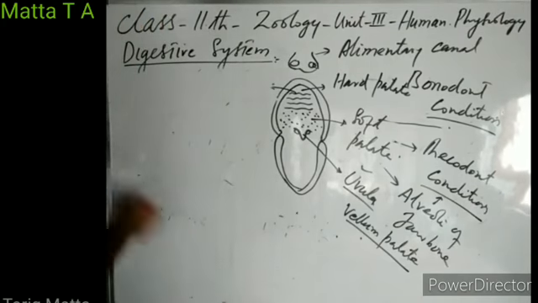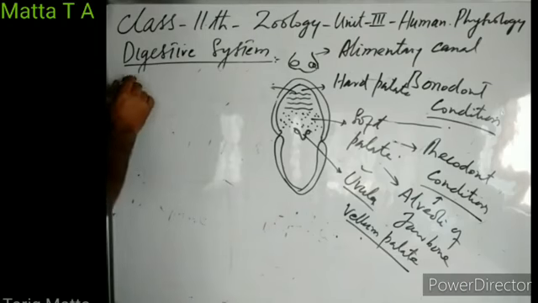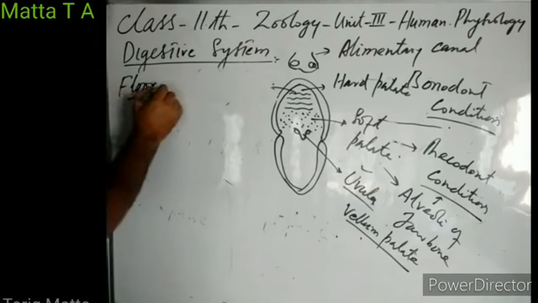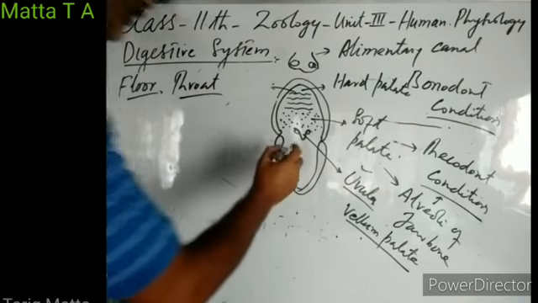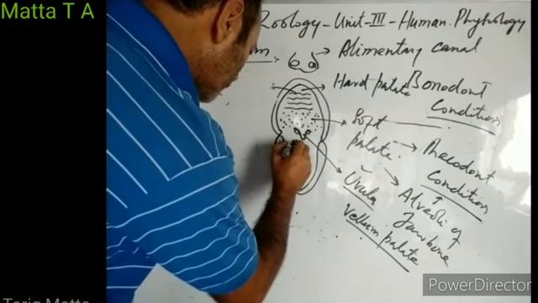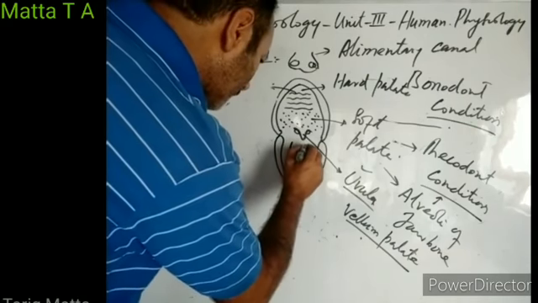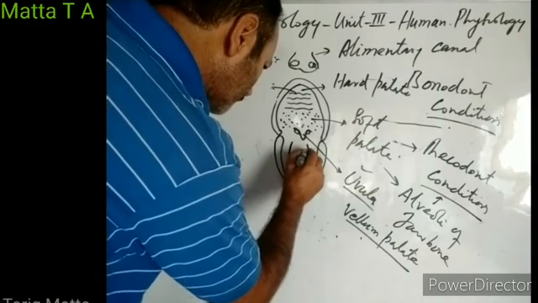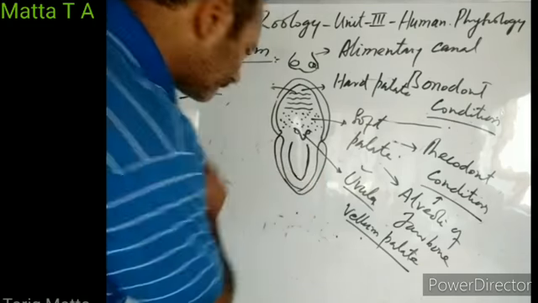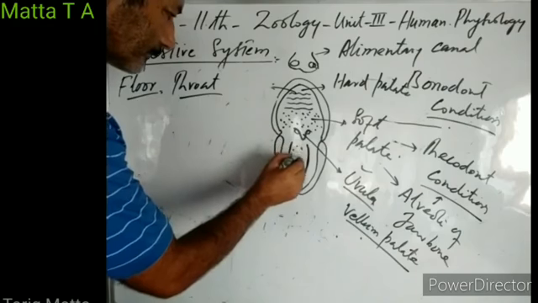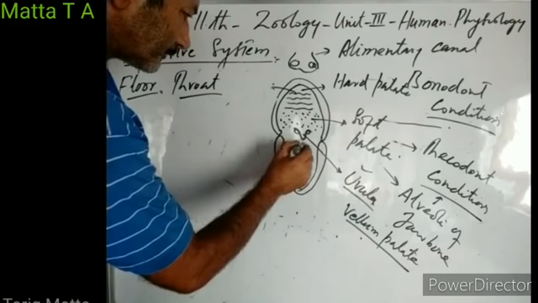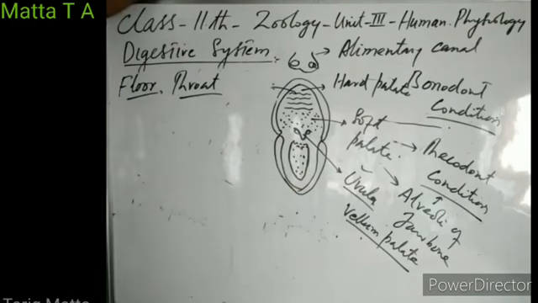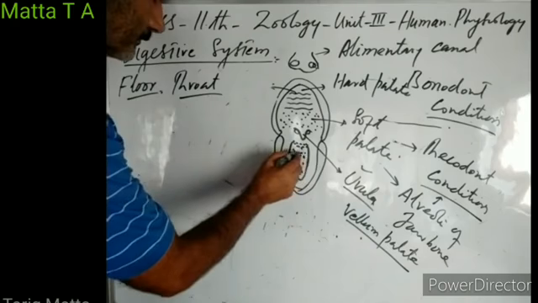The floor of the oral cavity is lined by a muscular tongue. This is the tongue.